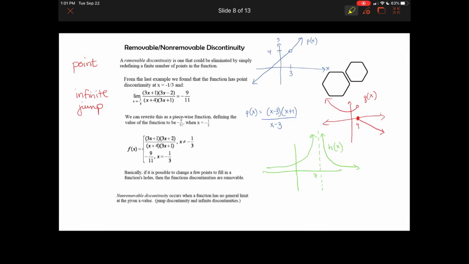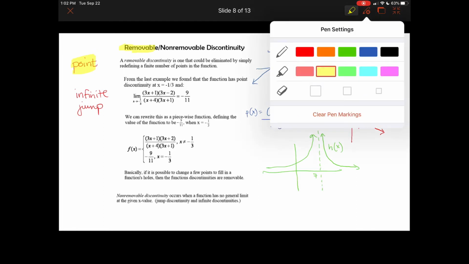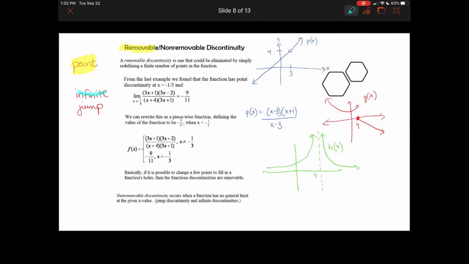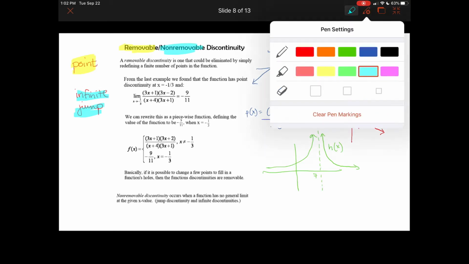So let's talk about how we classify these three different kinds of discontinuity. You'll notice here that we've got point, and then we have infinite and jump. Point is referred to as removable discontinuity, whereas infinite and jump are referred to as non-removable. Let's walk through why that is.